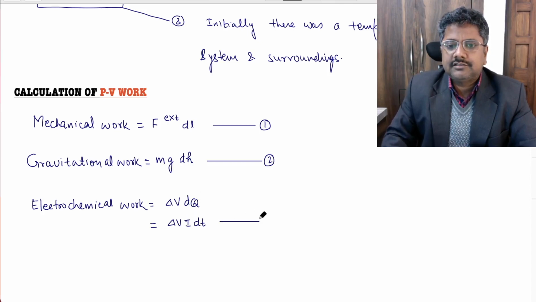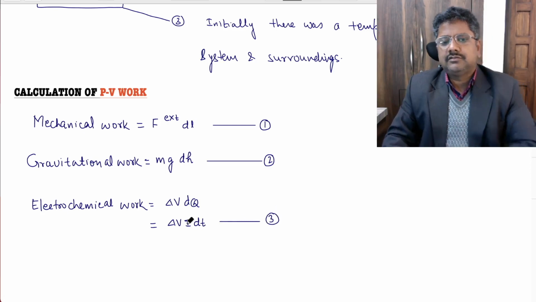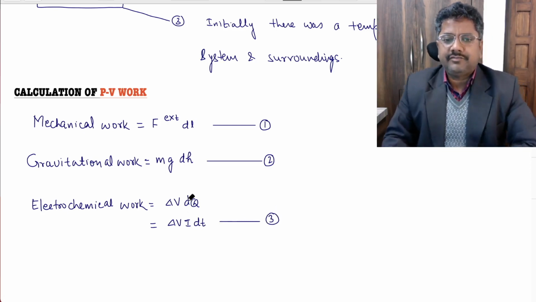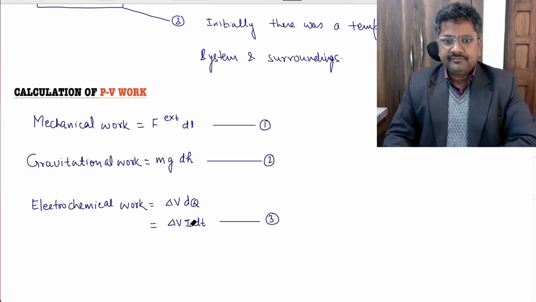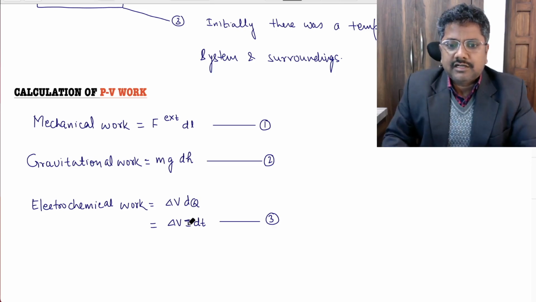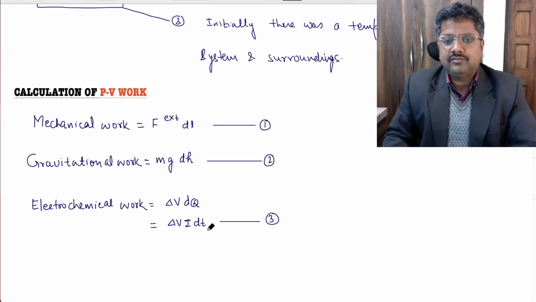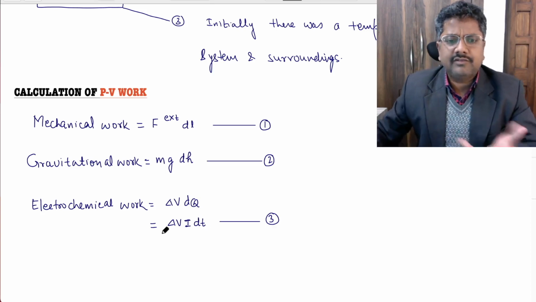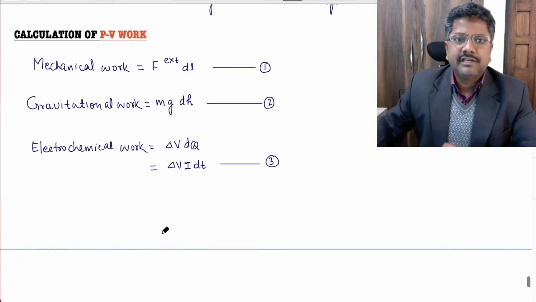So it is clear that this is a potential difference and this is the charge, and I is current into time. So electrochemical work you can calculate by using this.